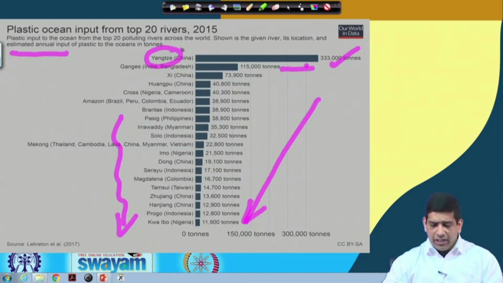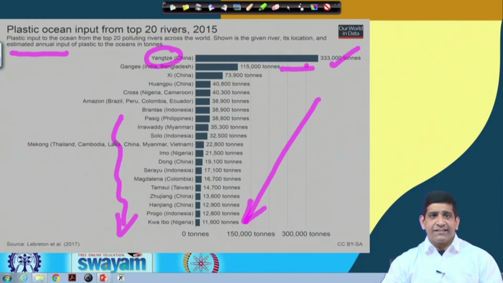As you can see, mostly we have Asian rivers from China, India, Bangladesh, again China, some from South America, then again Asia, Indonesia, Vietnam, Nigeria, which is Africa, China, Colombia in South America, Taiwan, China, Indonesia, and Nigeria in Africa. So mostly Asia, Africa, and South America.